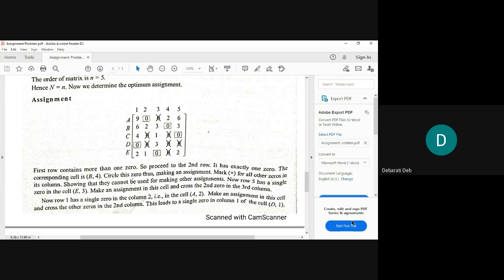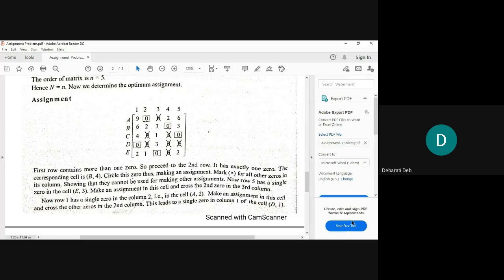What does it indicate? It indicates that job number 4 cannot be assigned to any other machine. It has already been assigned to machine B. That is why you are crossing the other zeros.